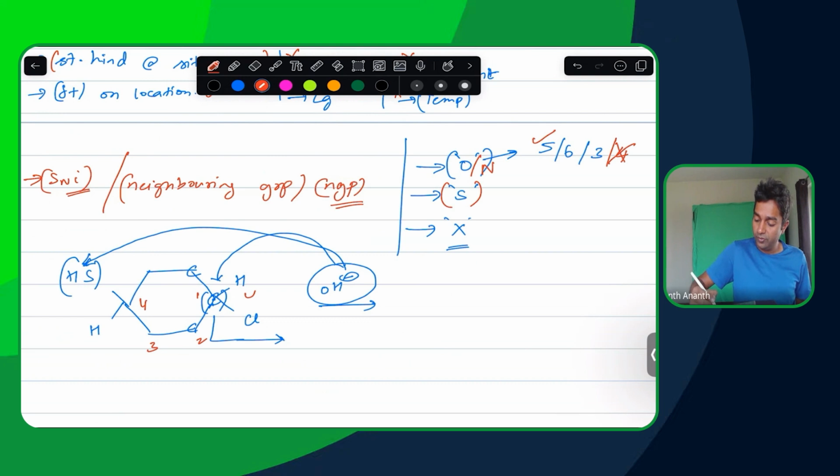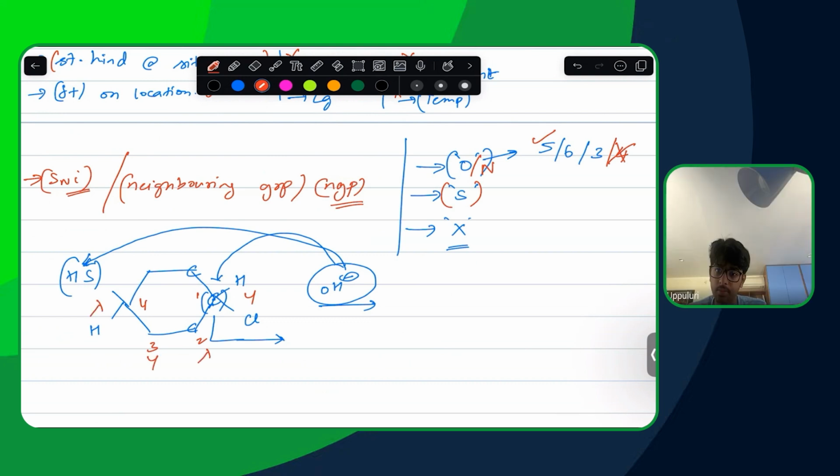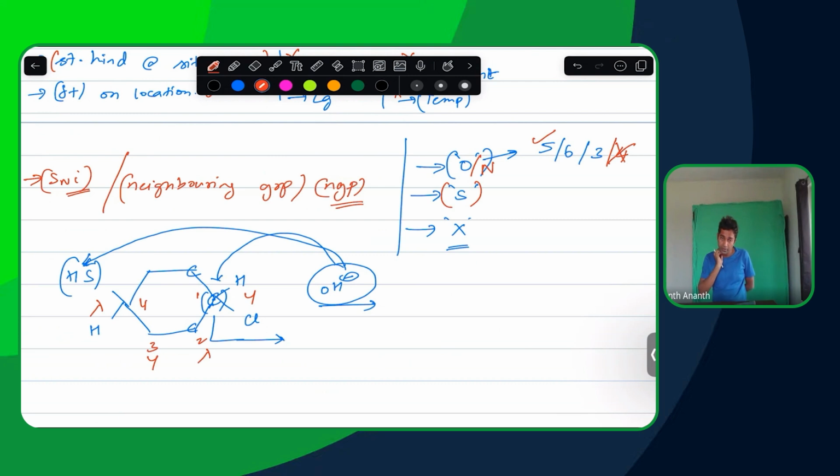Let's put this as Y. This will become inverted. This will become Y. This will become inverted. That effectively tells me that they are going to be in opposite conformations. And if they are in opposite conformations, that basically means if I take this one as axial and this one is equatorial, HS will be, so this fellow will become the equatorial and this fellow will become the axial.